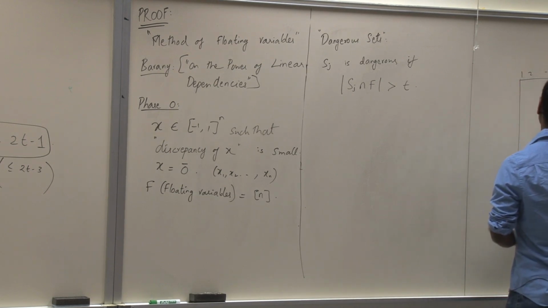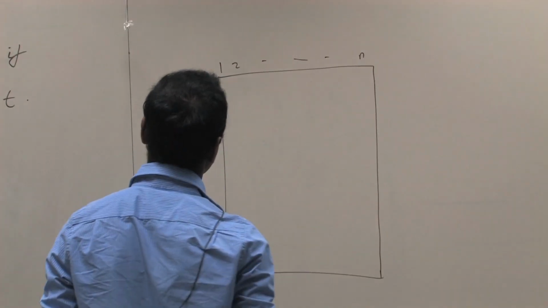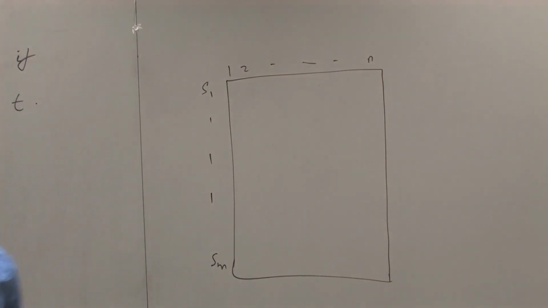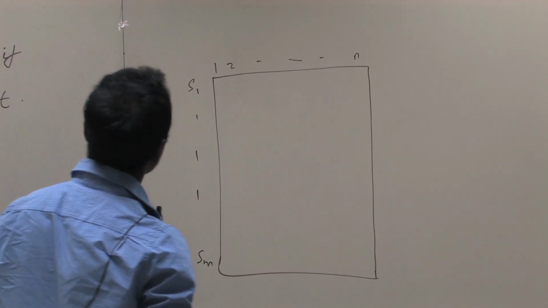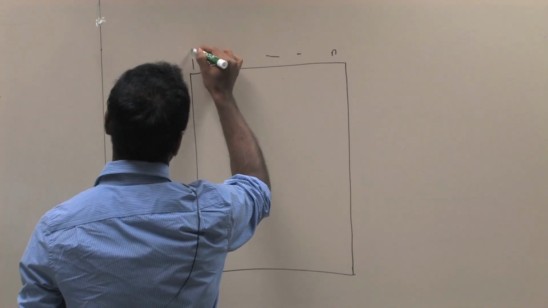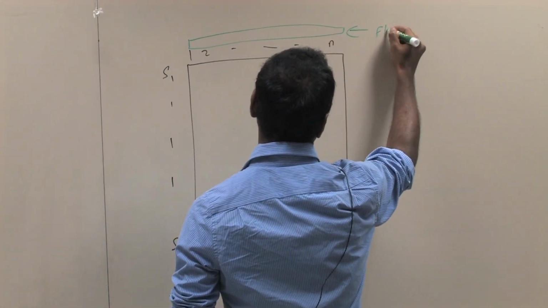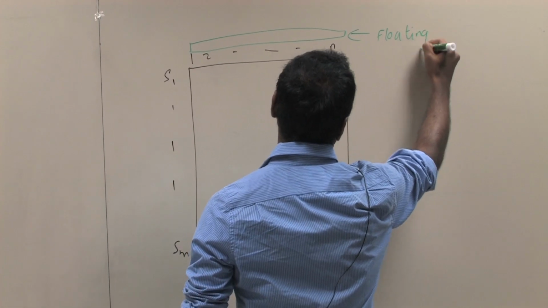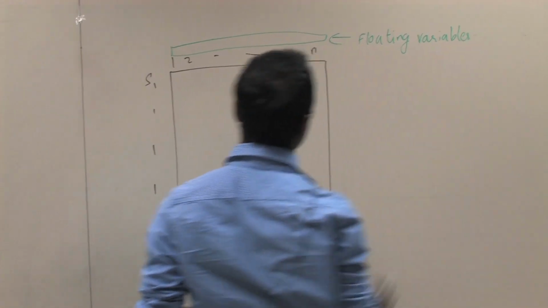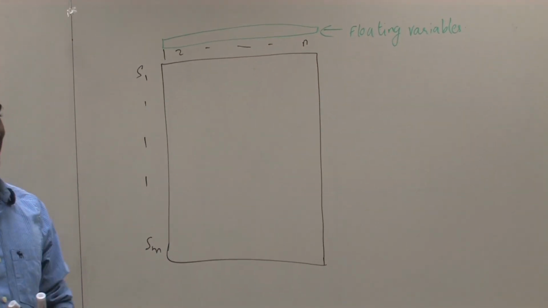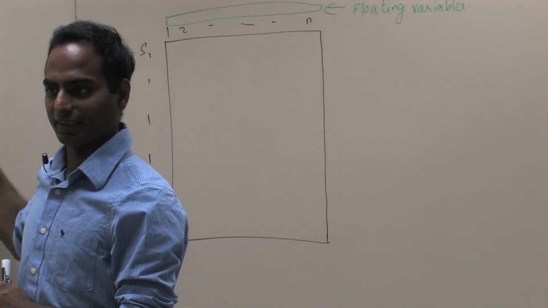So you have 1 through n, and you have sets S1 up till Sm. Okay, and so initially all of this is the floating variables. Okay, and a set is dangerous if the size of its intersection with floating variables is greater than t.